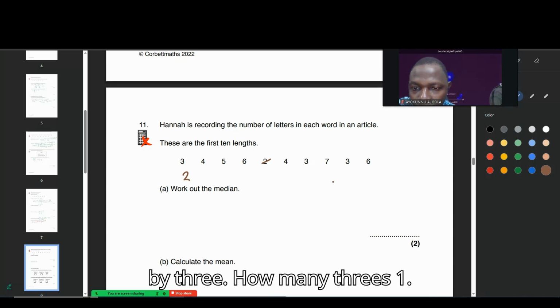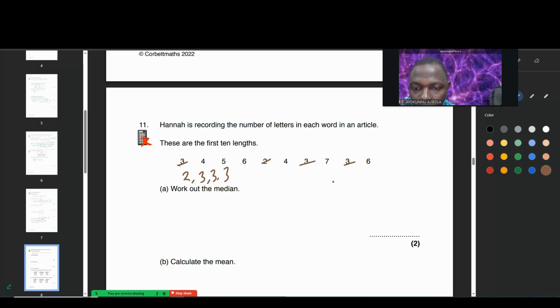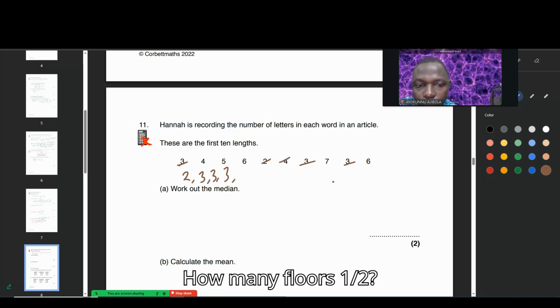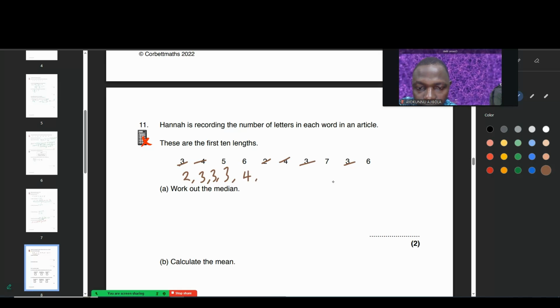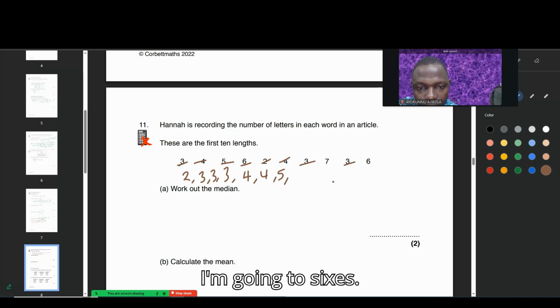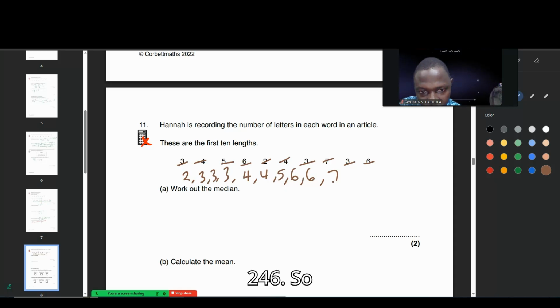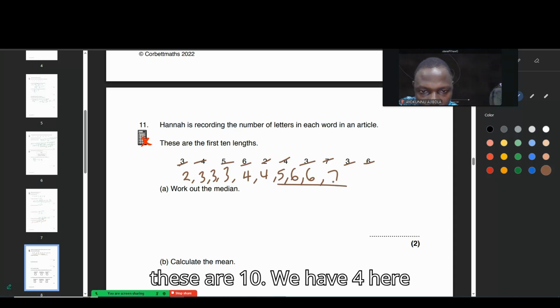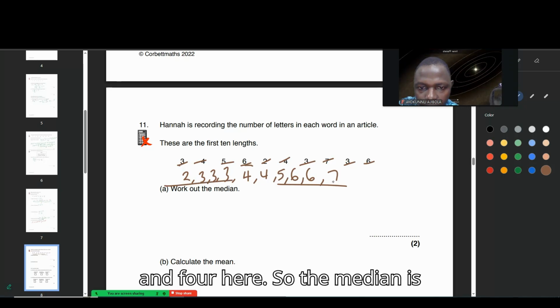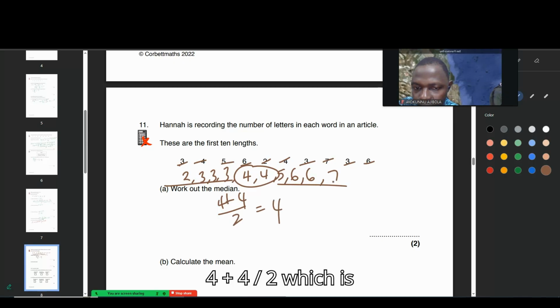Followed by three. How many threes? One, two, three. How many fours? One, two. How many fives? One. How many sixes? Then seven. So that's 10 numbers. We have 4 here and 4 here. So the median is 4 plus 4 over 2, which is 4.